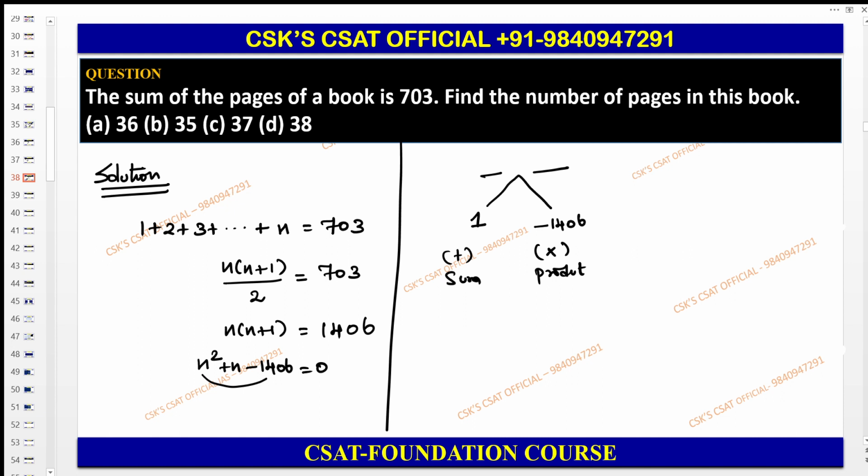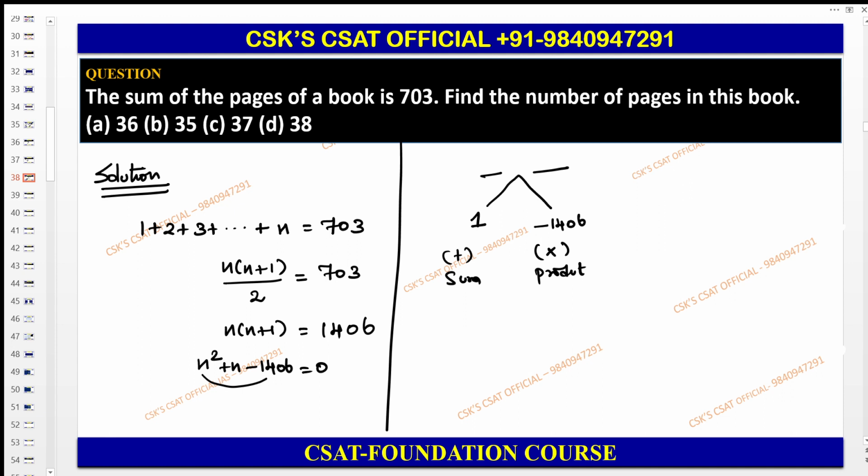Obviously, if you know the tables and the square terms, then it would be easy to solve this problem. So you know what is 35 into 35? Anybody? 35 into 35? 1225, isn't it?